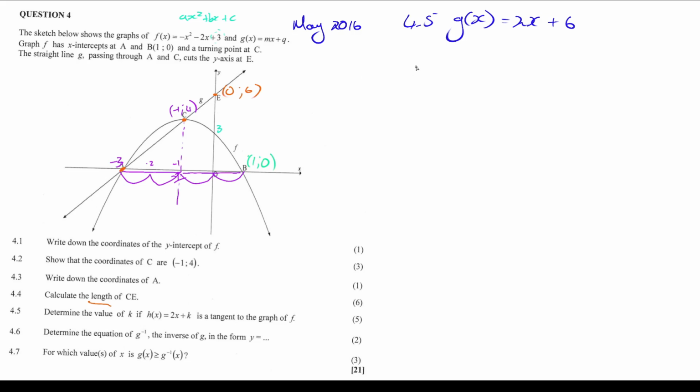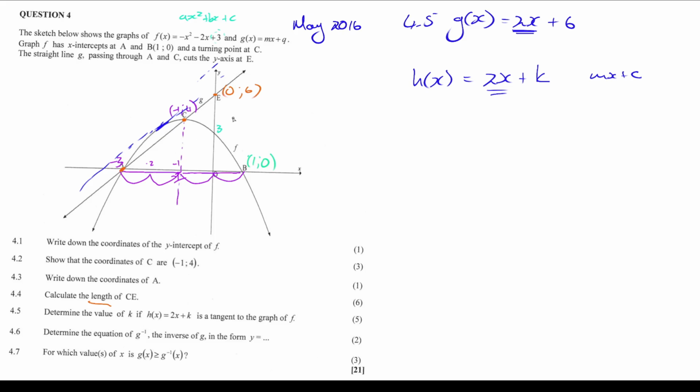So if they say h of x equals 2x plus k, this is a straight line because it's in the form mx plus c, except we have a k instead of a c and our m is 2. This line has a gradient of 2 and that line has a gradient of 2. So somewhere over here, there is a line that's running parallel to this one, and it's a tangent. It only touches the parabola.